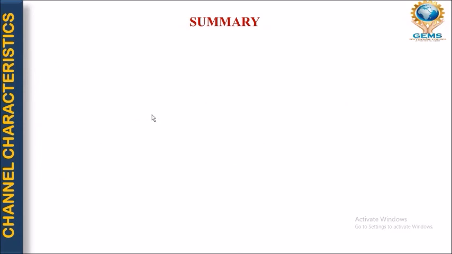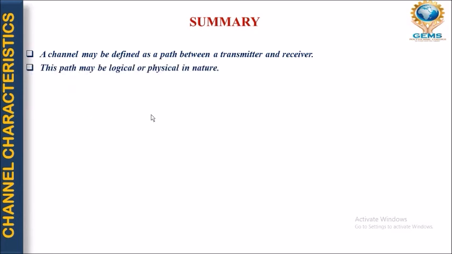Okay. So let's talk about the summary. Whatever we have covered in this video: the first one is that a channel may be a path between transmitter and receiver. Okay, this may be logical and physical. Logical means wireless and physical means wired, which I have already covered in the third point.